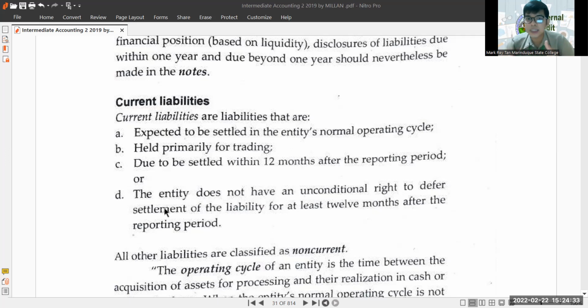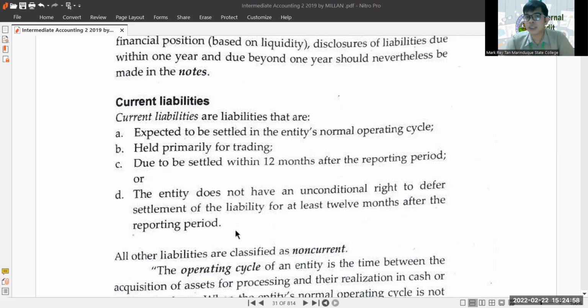So, other way of saying it is, if yung entity is meron naman siyang right to defer that, let's say, more than or beyond 12 months after the reporting period, magiging non-current liability siya. Anyway, there will be example for this, no?